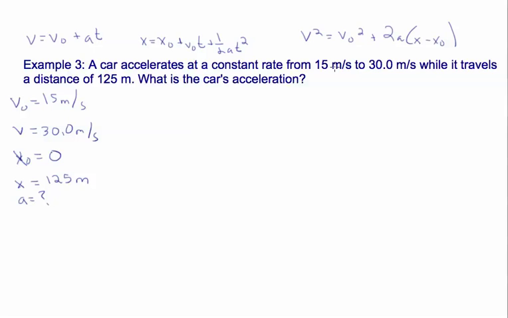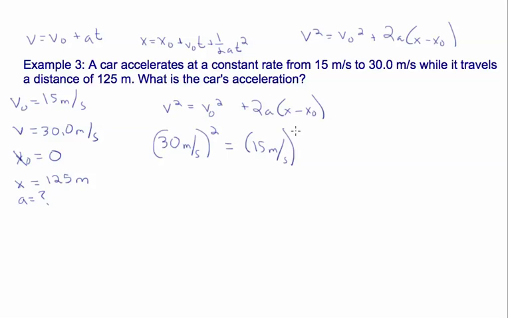So v squared, v naught squared, and if we plug in, we have 30 meters per second squared, 15 meters per second squared, to a, so 125 minus 0 meters.